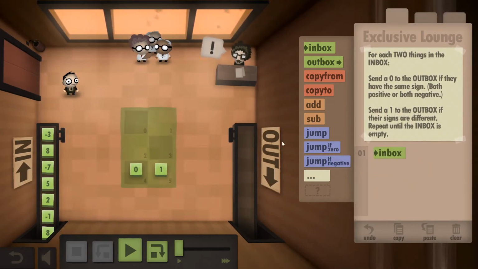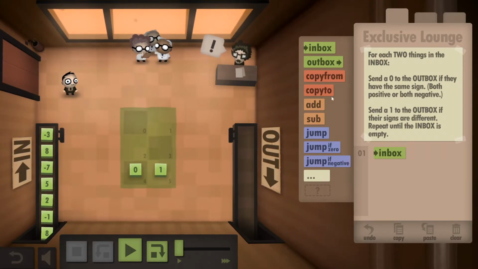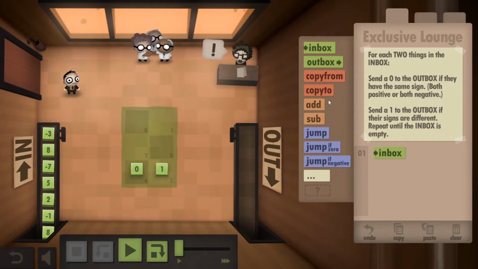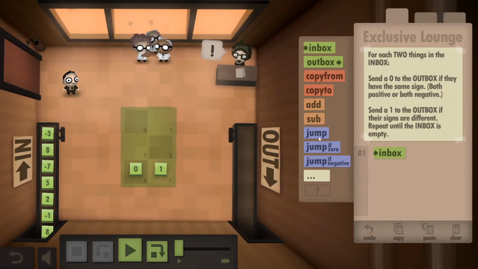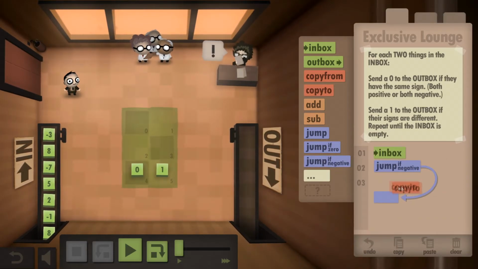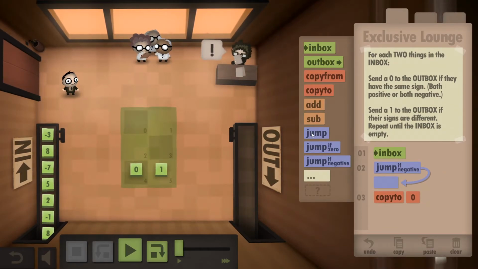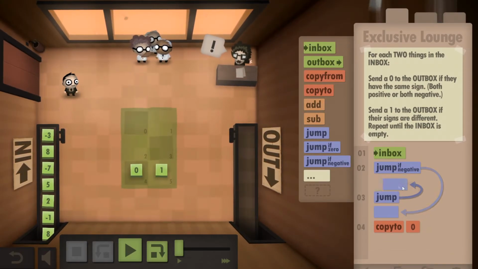So the thought I just had is that we have all of these memory banks, so why don't we make use of that and say if the first number is positive, we'll copy it to 0. Otherwise, we will copy it to 1.